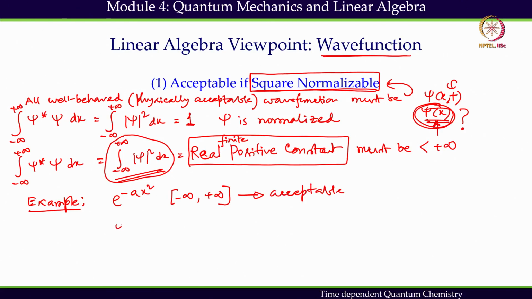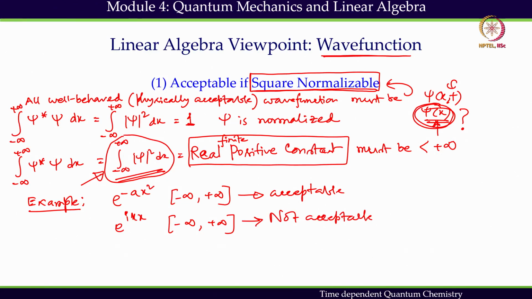But we have also seen that e to the power ikx, when we try to normalize it with the square normalization condition, is not acceptable within this limit, because we get an infinite value.